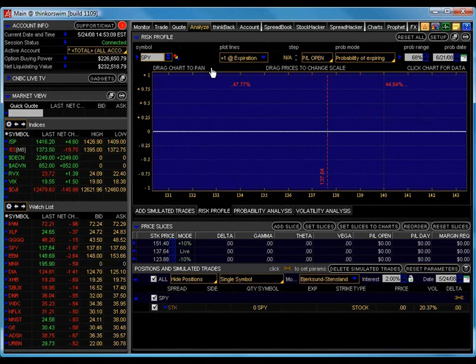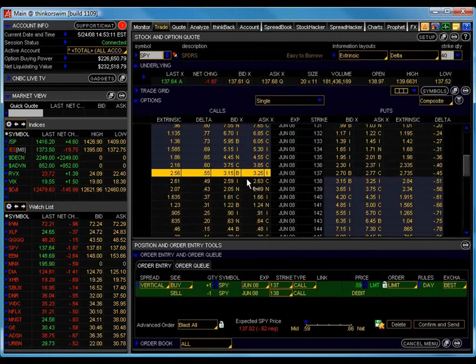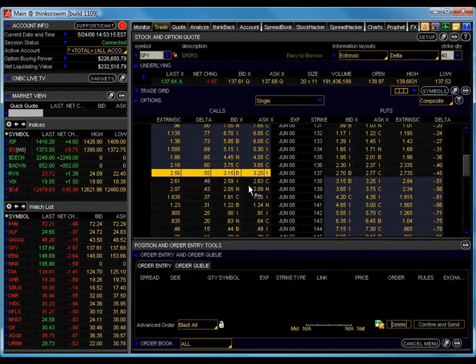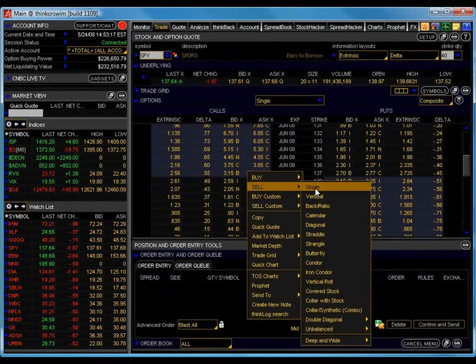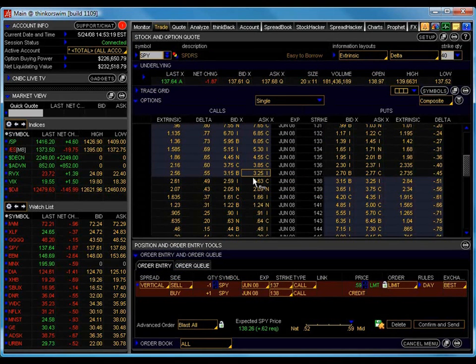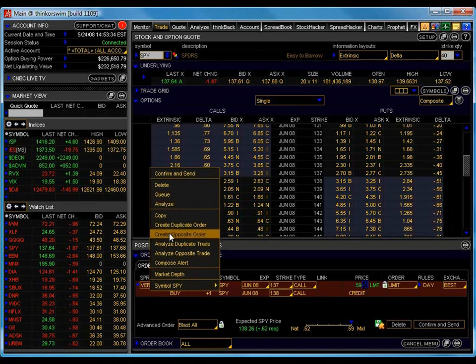Let's go back again, and this time let's sell it. We're going to sell a vertical spread. Now what we're doing is we're selling a call with a higher delta than the one that we're buying. So now we should be very close to a negative $6 in delta and a positive theta.